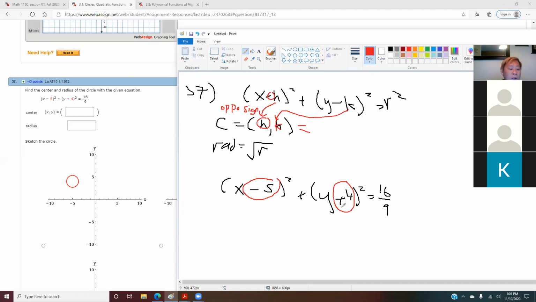So what will be your center in this case, if I give you this equation? Center, (h, k). Anyone?